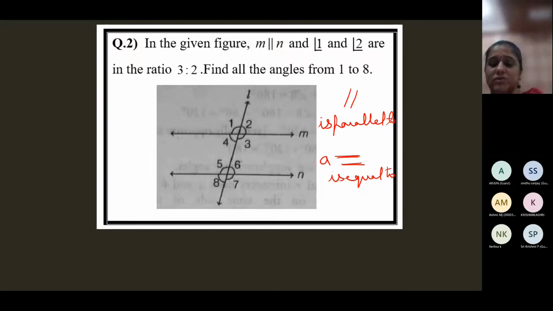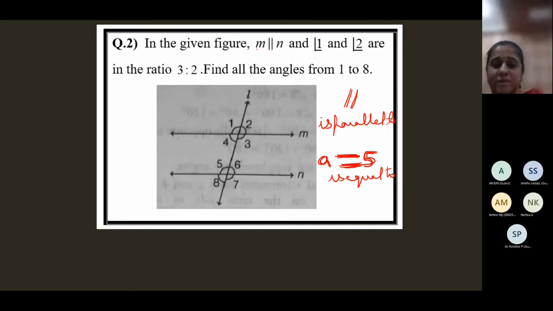Now supposing you have A and this symbol and 5 here, what is this? A is equal to 5. So this symbol stands for "is equal to." Similarly, this symbol stands for "is parallel to."